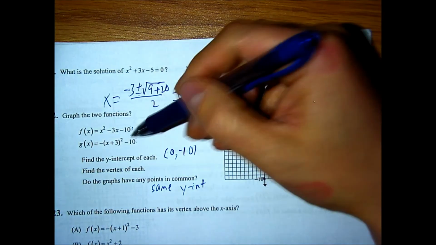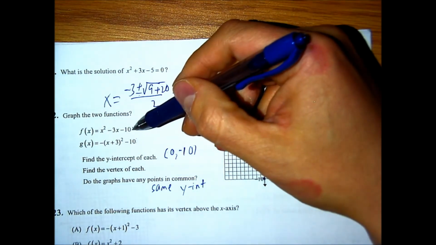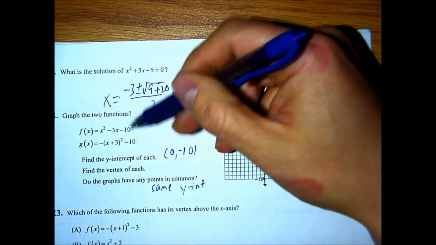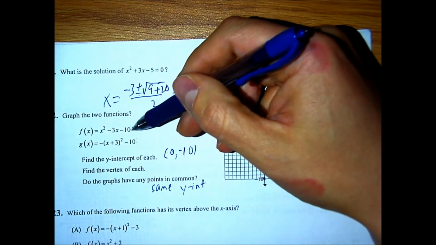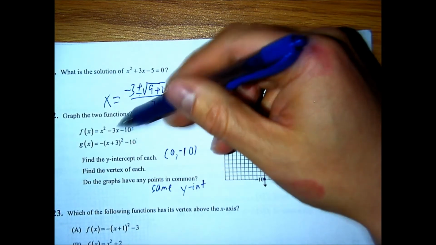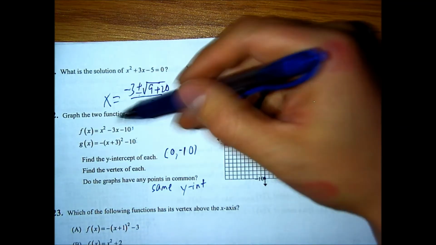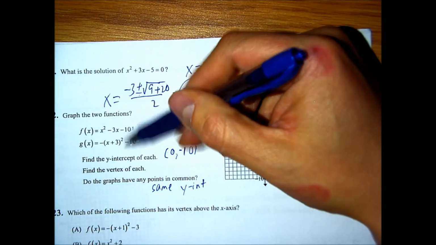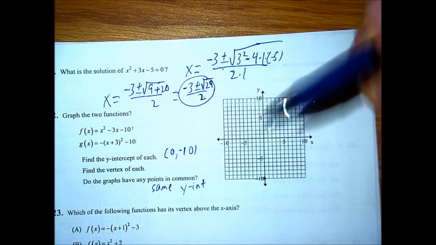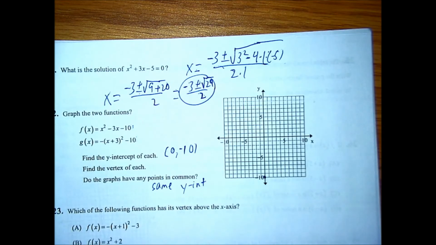Or if the first one that's in standard form could be completed to a square, or you could find the vertex by doing opposite b over 2a evenly. I am not going to graph both of these functions here, as all I'm asking is what they have in common on the final exam.